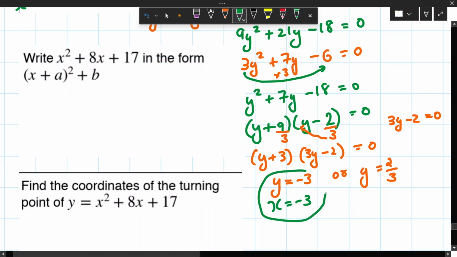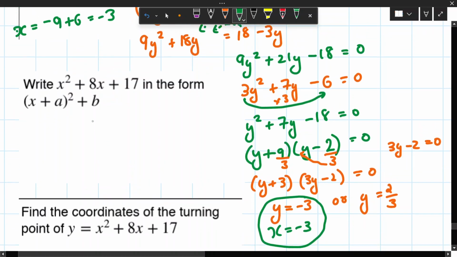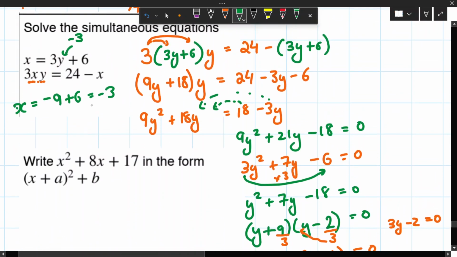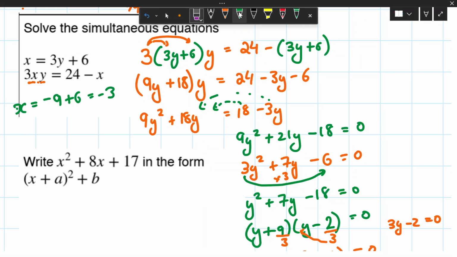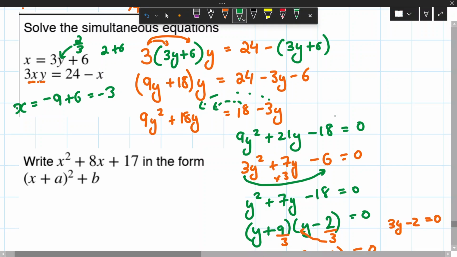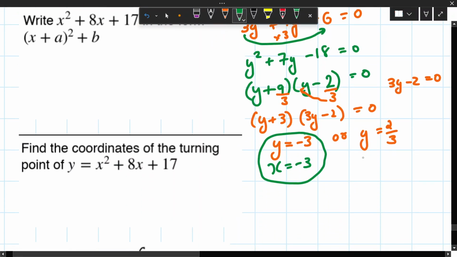That's our first pair of solutions. Or if I plug in y as 2/3, 3 times 2/3 would be 2, and then 2 plus 6 would give me 8. So now we have x is equal to 8.